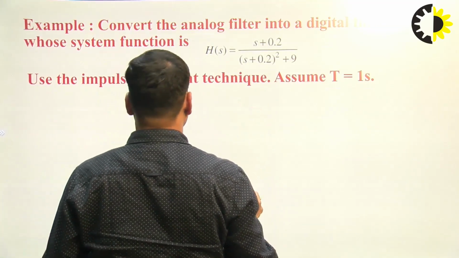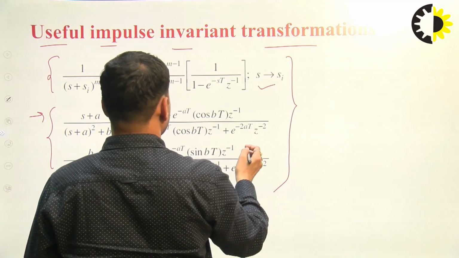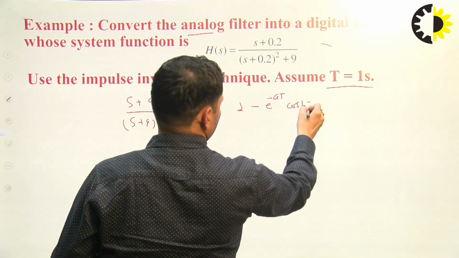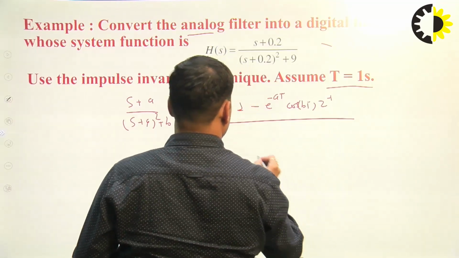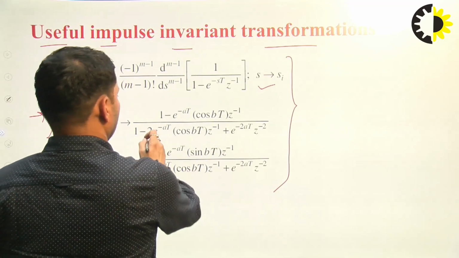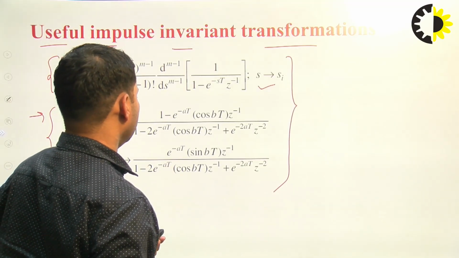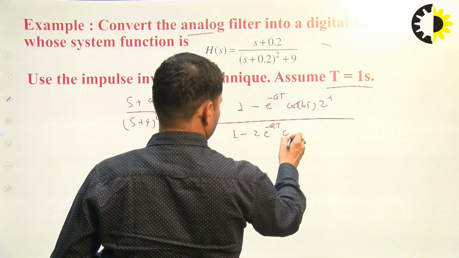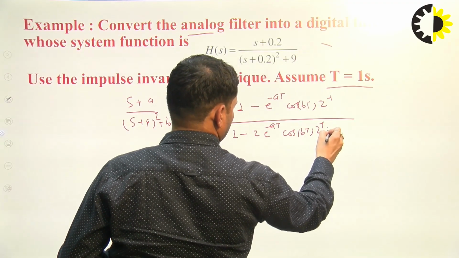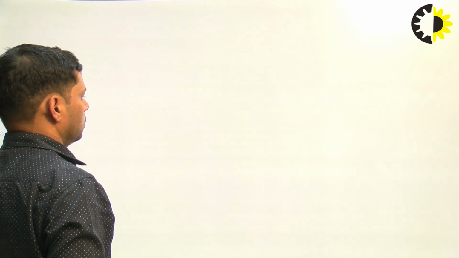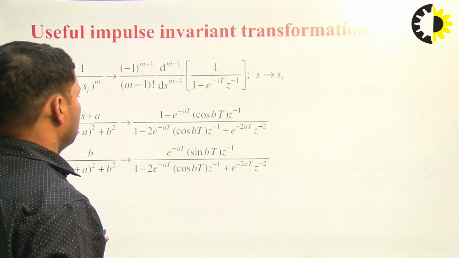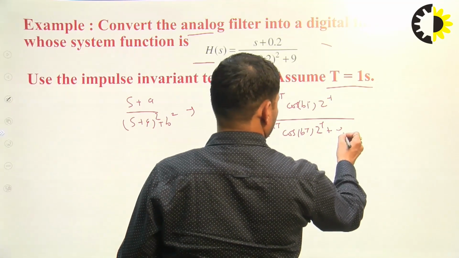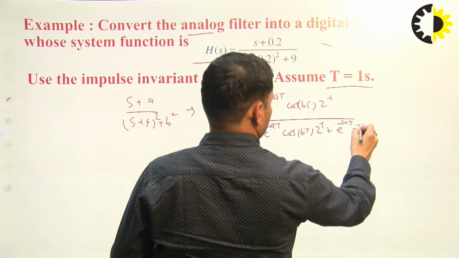Its transformation is equal to what? 1 minus e raised to power minus aT cos bT z inverse upon 1 minus 2 e raised to power minus aT cos bT z inverse plus e raised to power minus 2aT z raised to power minus 2.